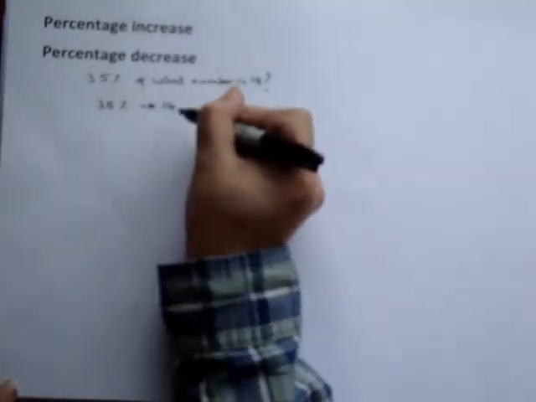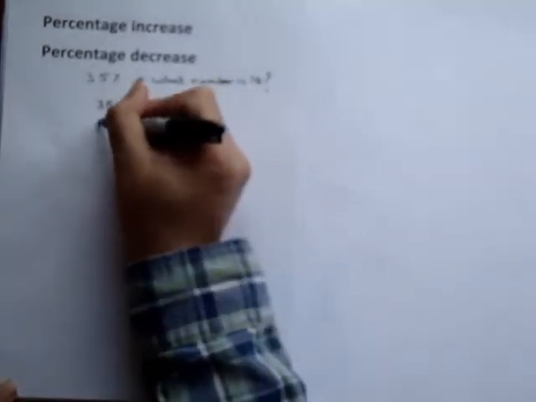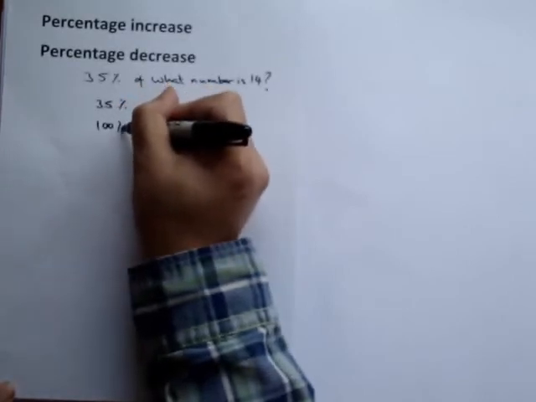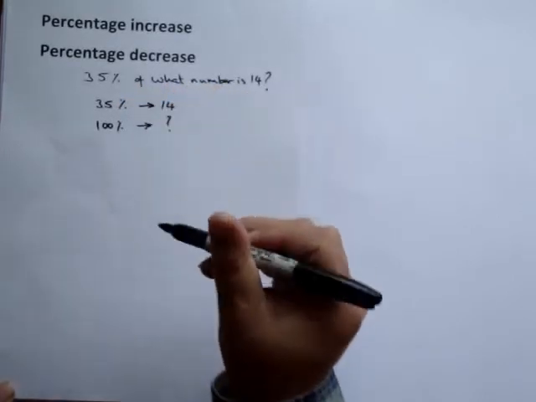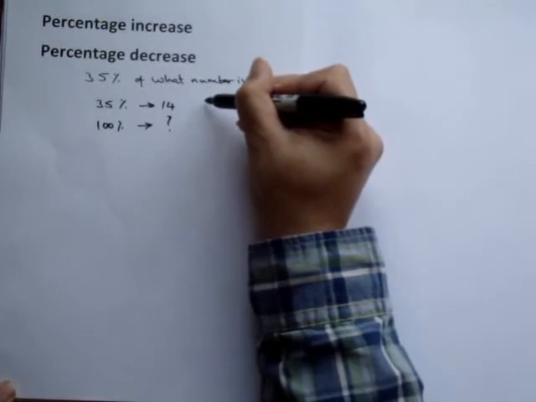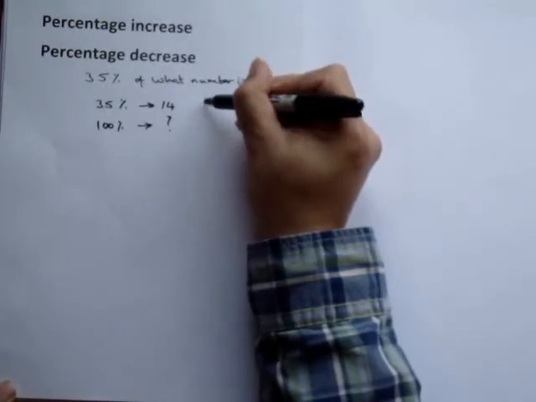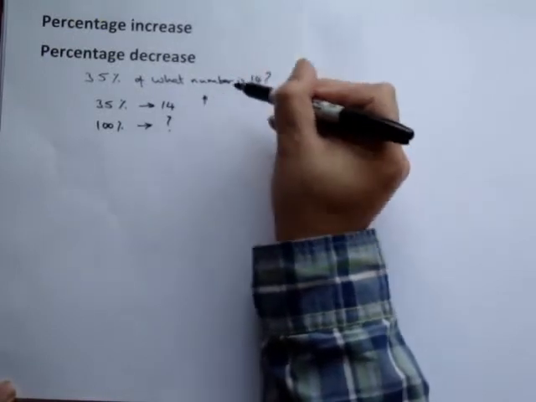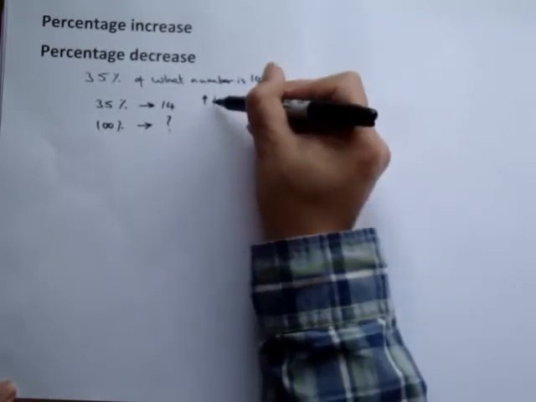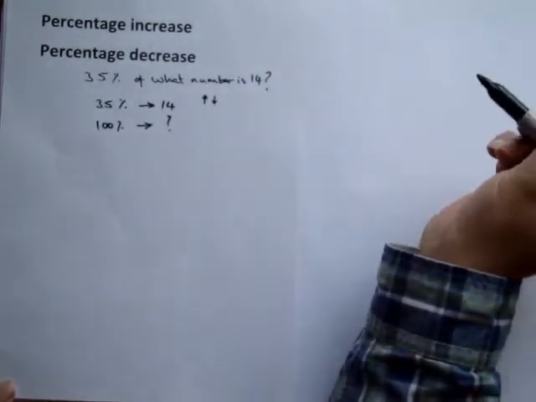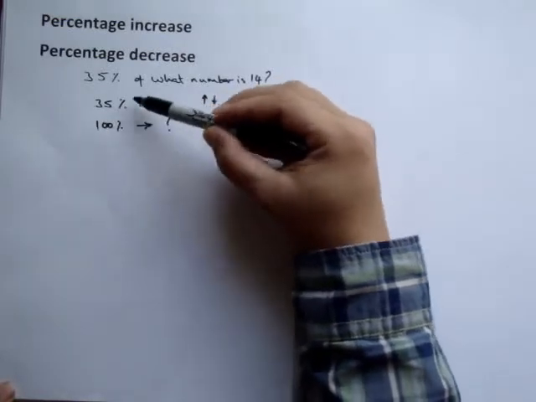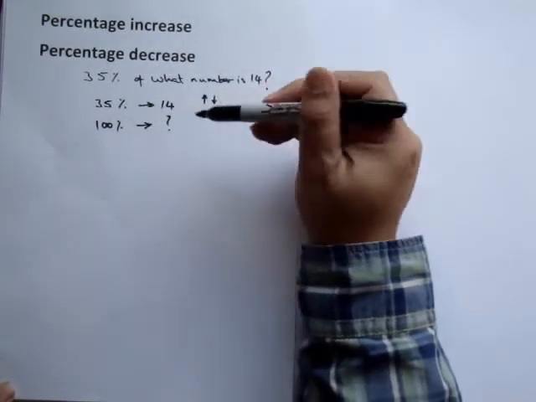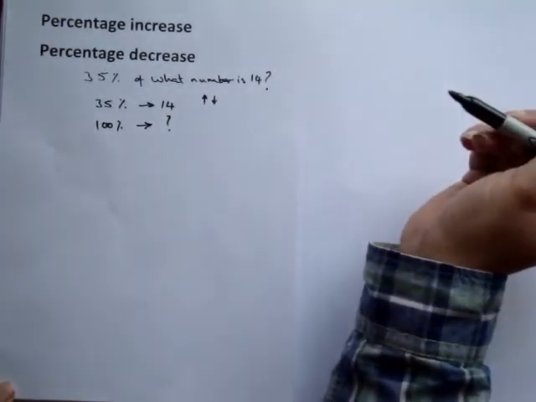So the number we want would be the question mark, and the 100% would go here. Now the ratio, or the scale factor, do we want the final answer to be bigger than 14 or smaller than 14? We want 35 and 100, but which way round?